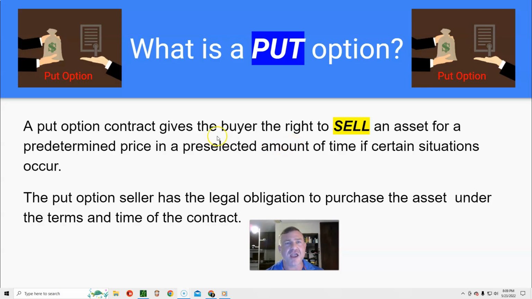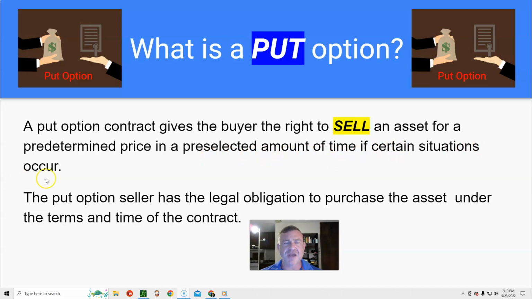You buy a put option contract, which gives you the right to sell your asset for a predetermined price. In this case, you bought the stock at $5. So when you bought your put option contract, you chose your predetermined price to be $4. And your pre-selected time frame you chose was 30 days.